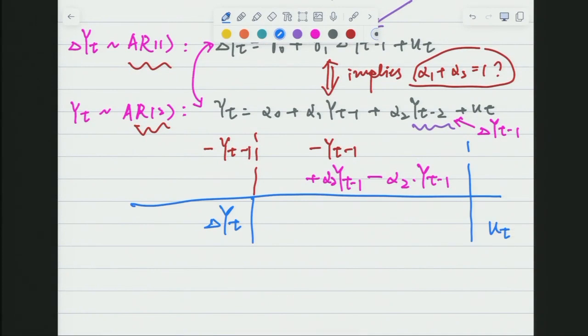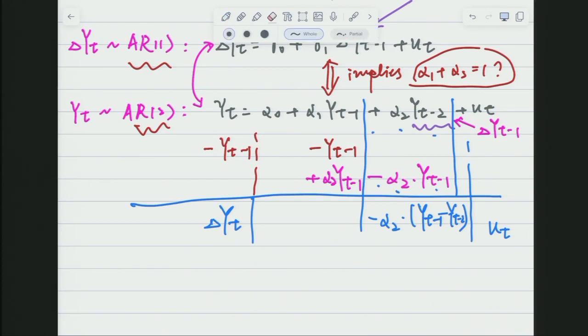For the y_{t-2}, we have minus alpha 2 times y_{t-1} minus y_{t-2}, because we have minus alpha 2 y_{t-1} plus alpha 2 y_{t-2}. Packing it into the bracket, the sum in front of y_{t-2} becomes a minus.